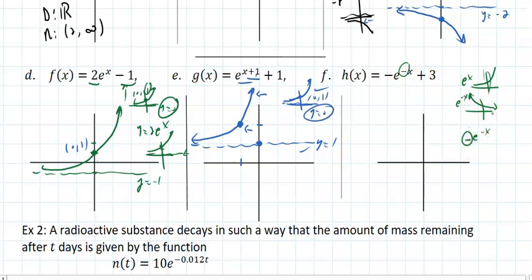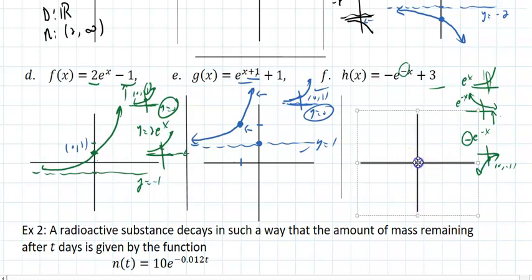Multiplying the y by a negative reflects this graph with respect to the x-axis. That point now is (0, negative 1). And the 3 will shift the whole graph 3 units up. So the line y equals 0 will shift 1, 2, 3 units up.